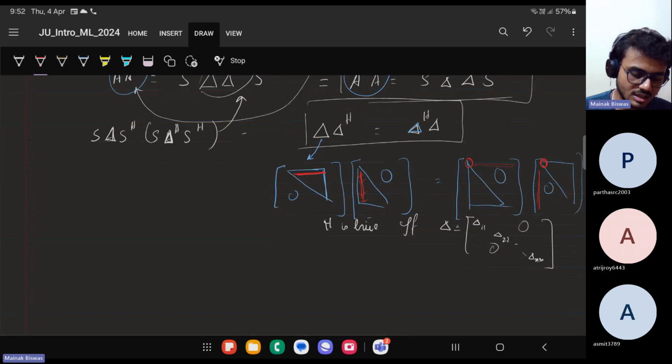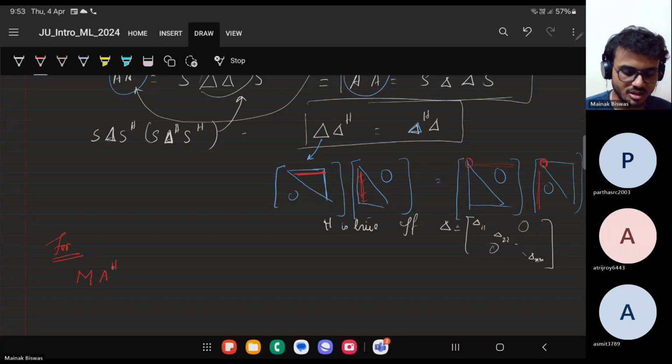The last thing is, we know that if it is a normal matrix, it is going to be unitarily diagonalizable. Yes or no? For now we have some results, right? We have M A Hermitian is normal, right?